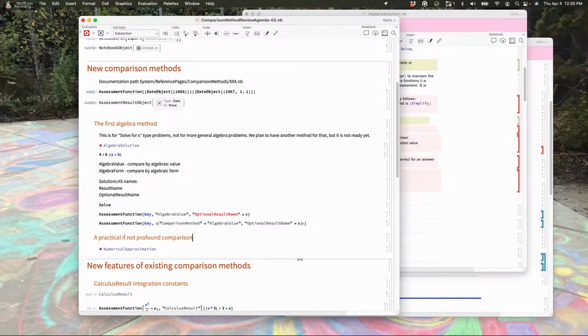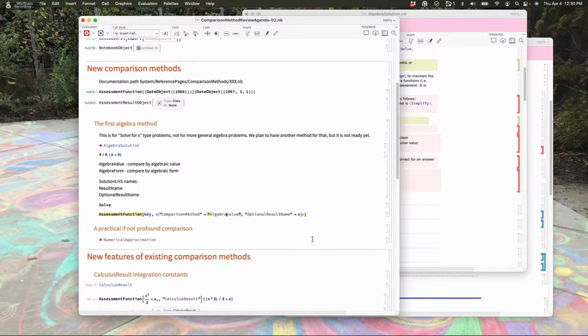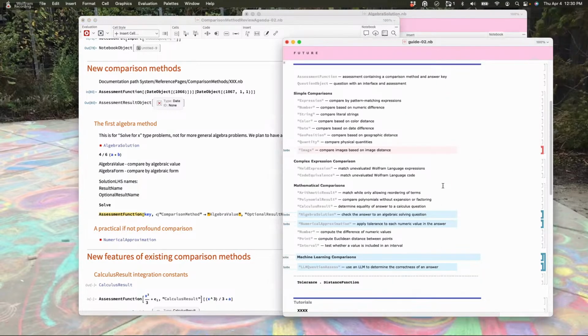Now the question is, should it be algebra value or algebraic value? Or if we want to go Victorian, algebraical value, but let's not do that. Can I look at the other names in the guide page? Right, these are the other math ones: calculus result, polynomial result, arithmetic result.